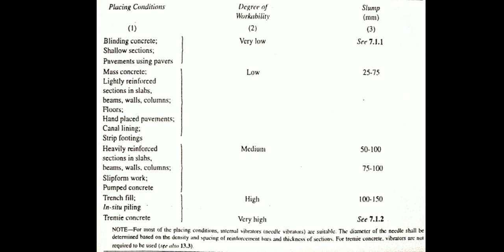The degree of workability will be low. Similarly, if the slump value is between 50 to 100, the concrete will have medium degree of workability, and if it is between 100 to 150, the degree of workability will be high.